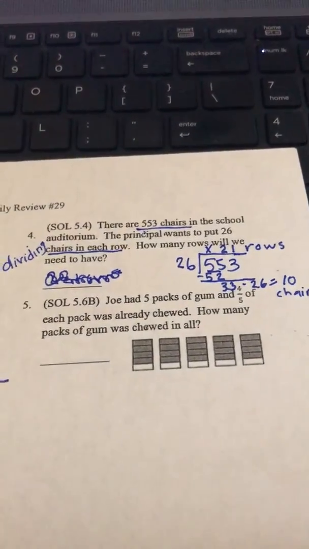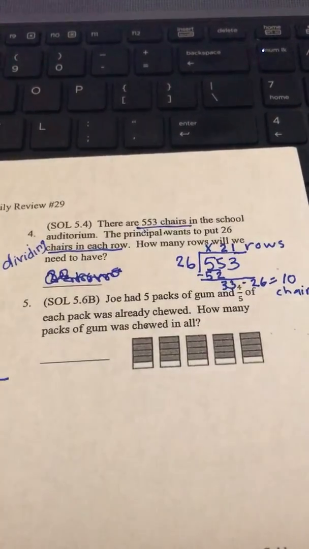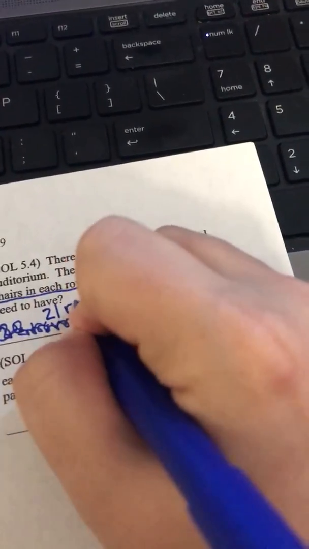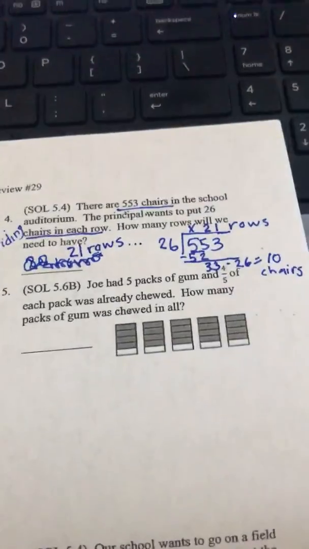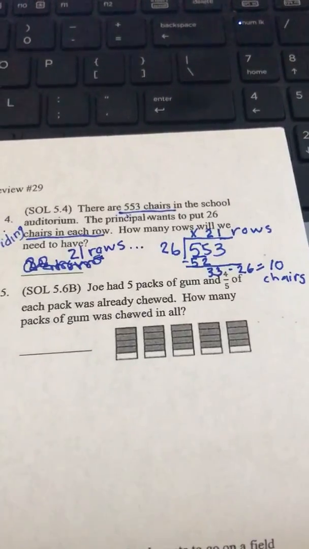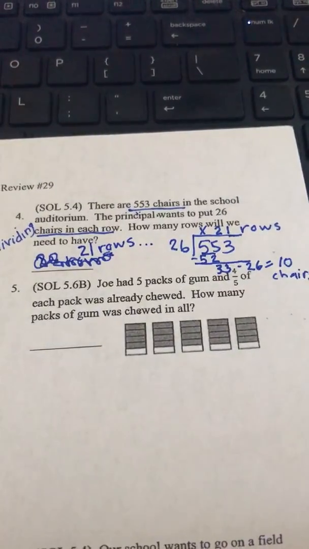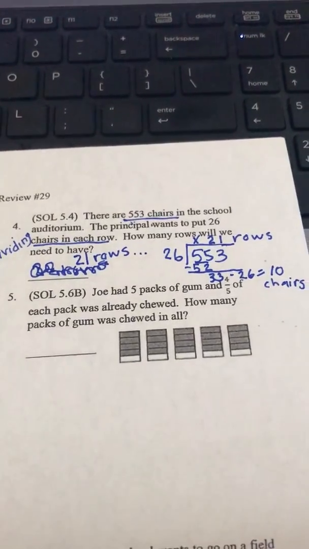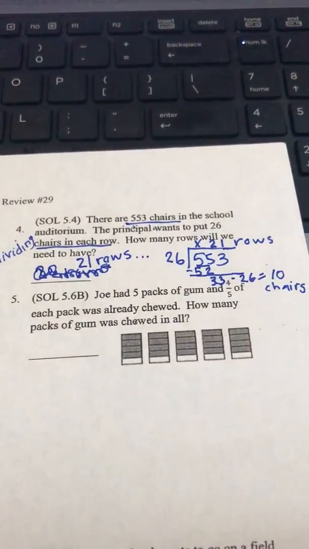If 26 chairs can go into each row, then it looks like we're only going to make 21 rows. Now, if the problem specified that we needed to use all of the chairs, then I would say 22 rows.